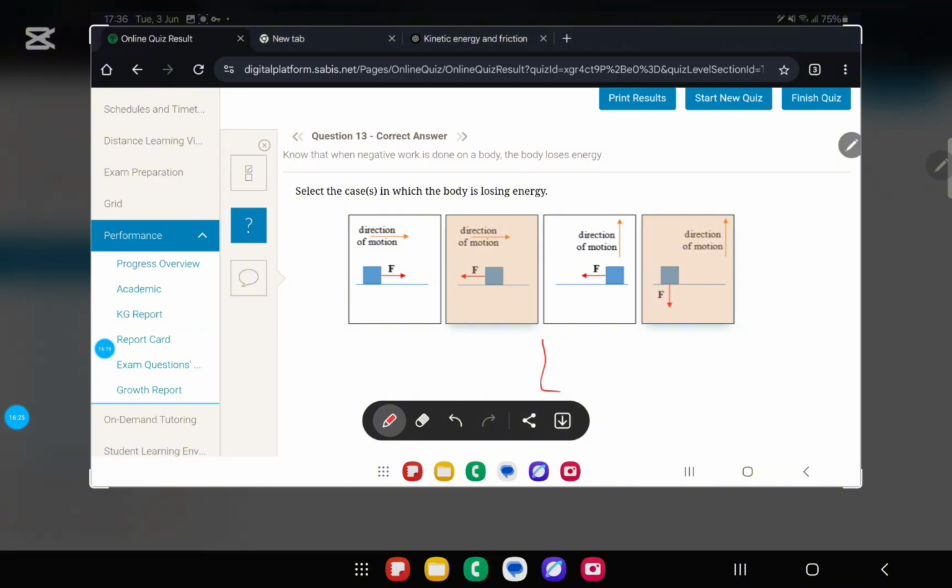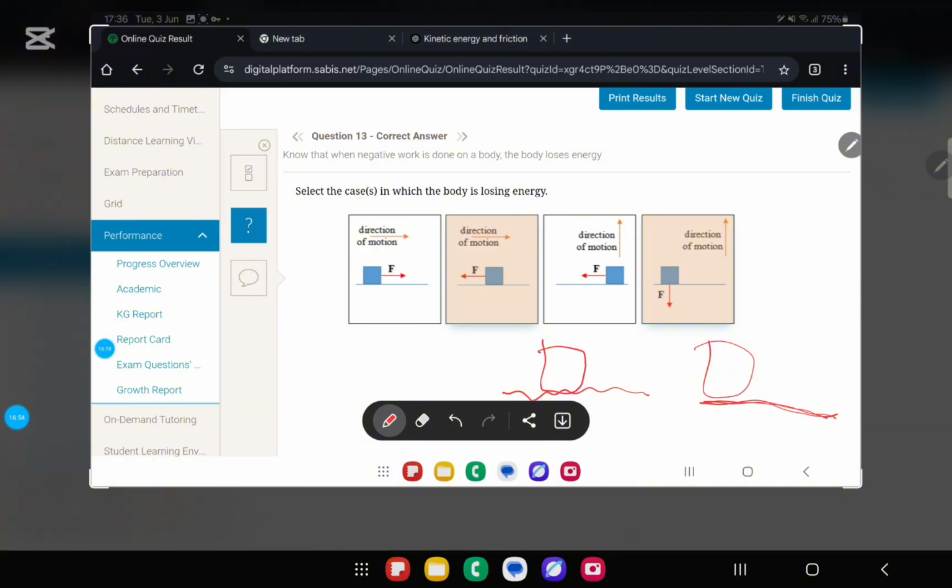Pushing a box along a rough floor, like for example the street outside, or pushing it along the gym floor, which is smooth, like a basketball court floor. Of course, the basketball court floor is easier because it has no friction, it's smooth, so it will be motive. It's gaining energy because you push it and it's not pushing back.